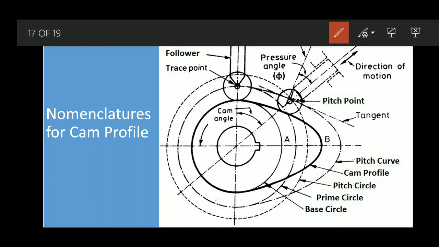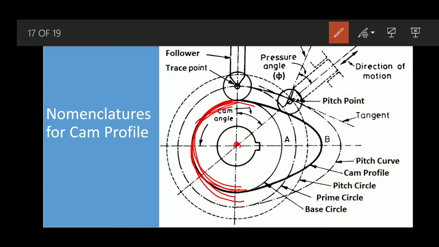Whenever there is a constant radius, there is no movement of the follower. So the lift is the maximum travel of the follower from its lowest position to the highest position.